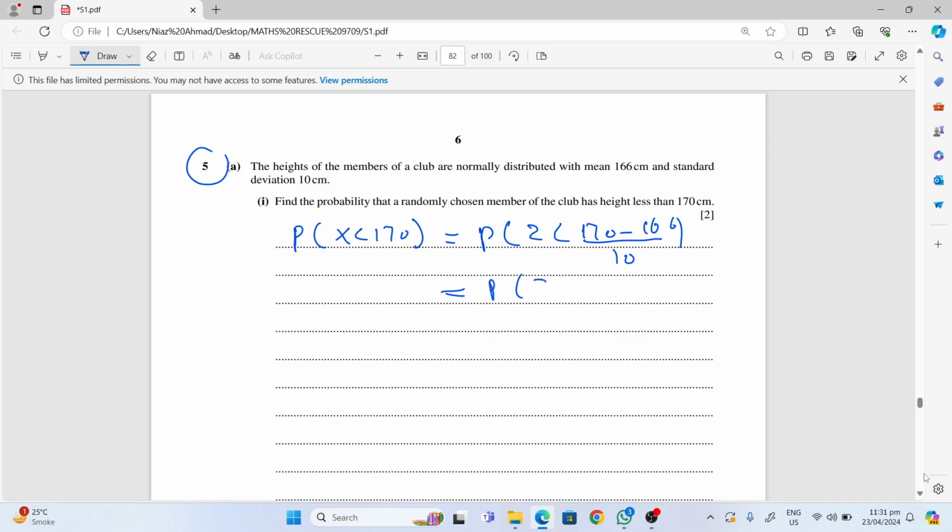So you want to get your probability of z less than 0.4, and you can get your answer, that is 0.655 up to 3 significant figures.